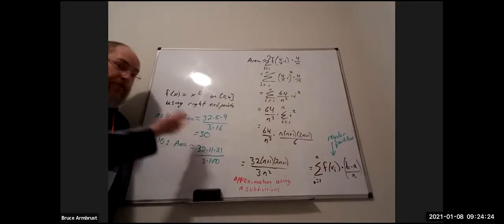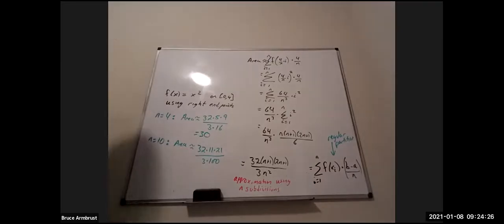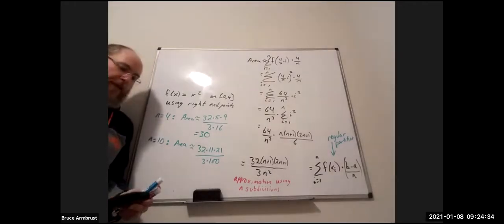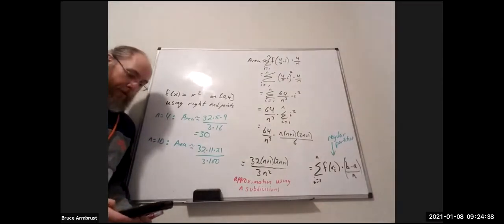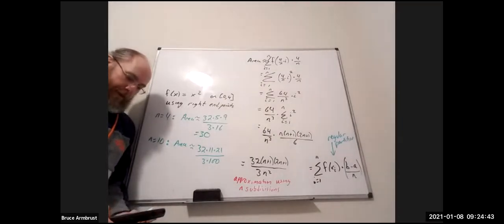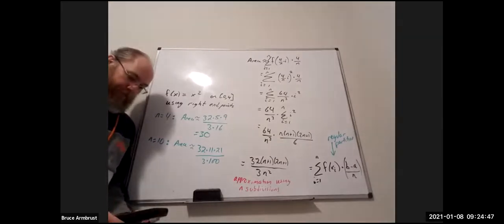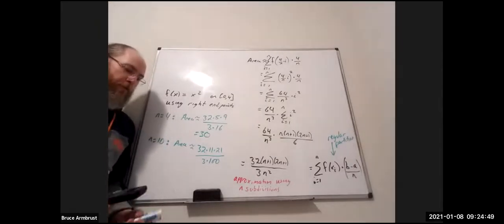And now all I've got to do is do this on my calculator. Let's see what that is, because it should be a better approximation for the actual area. So I get 32 times 11 times 21 divided by 300, and I get 24.64.